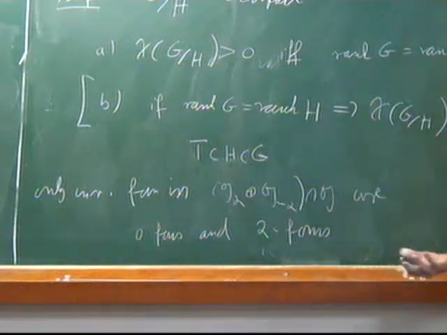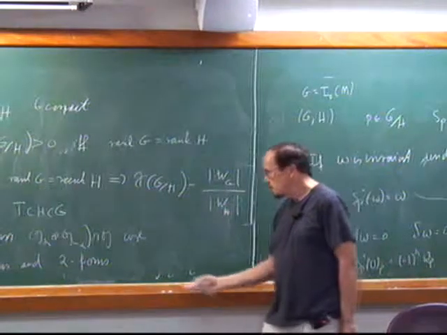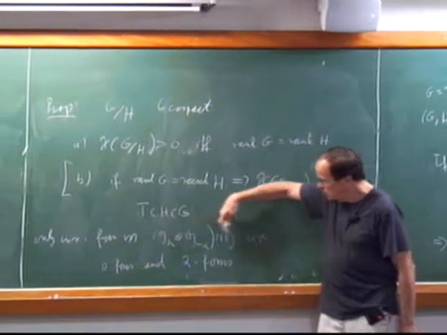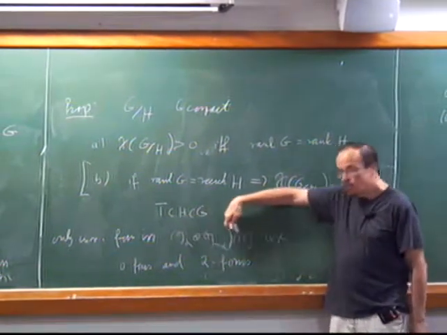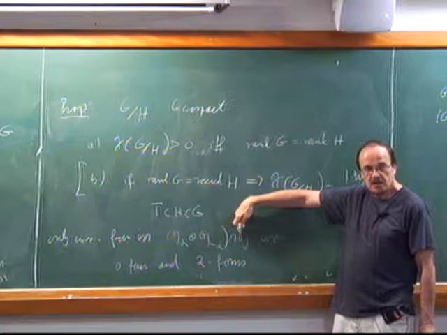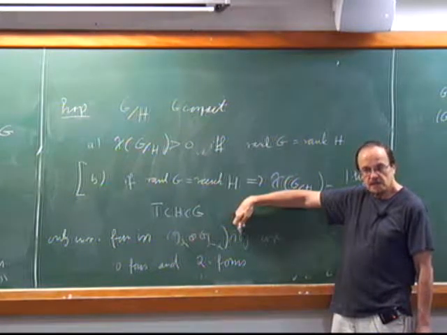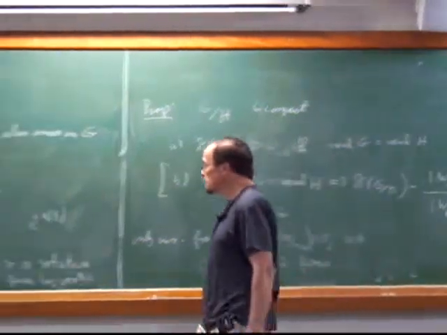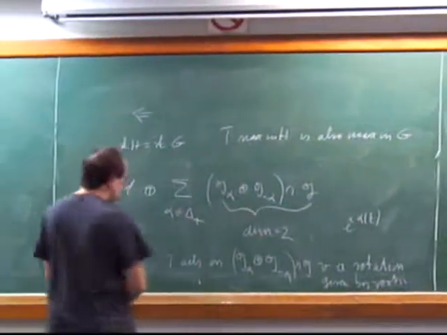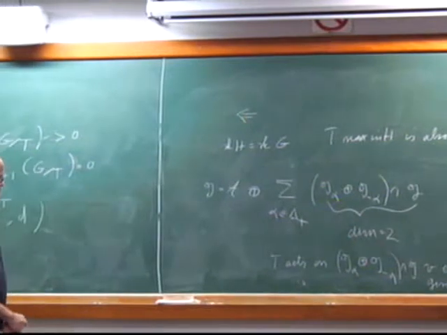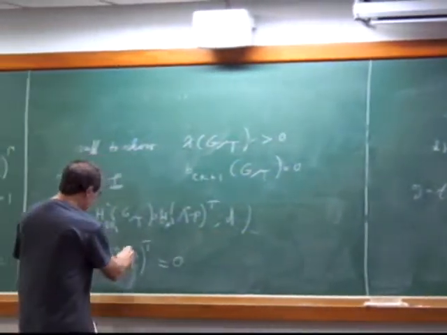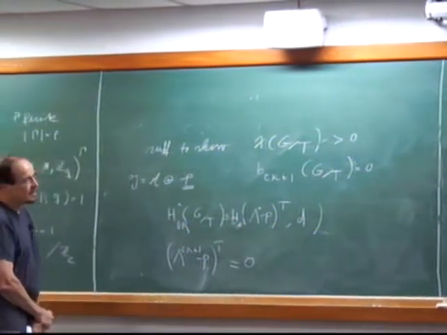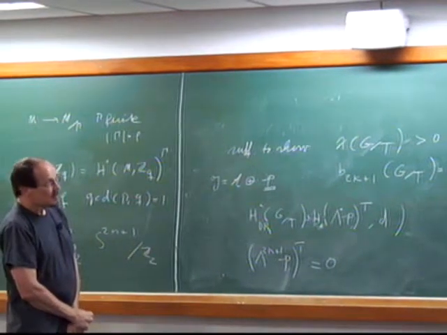I have R2 with a group acting by rotations on it. What are the invariant forms? Only the zero form and the two form. If I take two orthonormal vectors in this vector space and take their wedge product, that's invariant under rotations. Nothing else is. Now the invariant forms must be wedge products of this whole decomposition, and therefore they have to have even degree. So all degree ones are zero. So that follows from our general theory.